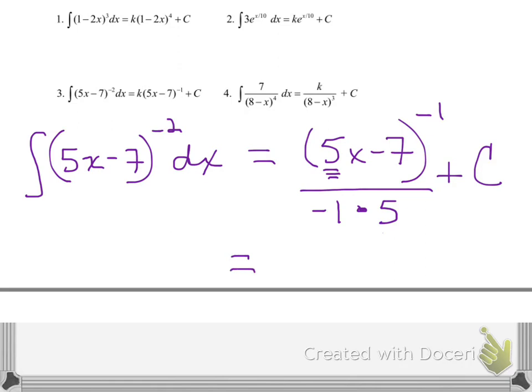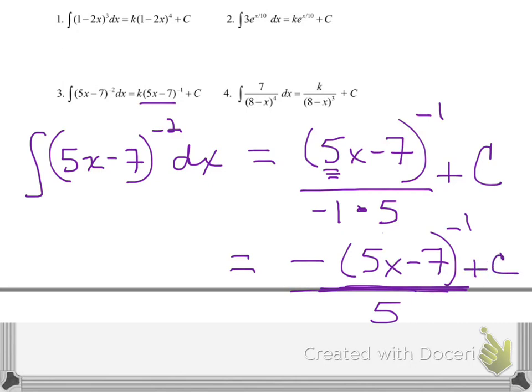Okay, so let's clean that up. I'm going to put a negative out front, and because I'm looking at this answer, I'm going to leave that the way I found it. So that's a negative there. I have a 5x minus 7 to the -1 all over the 5, remember the 5 from the denominator, plus c.